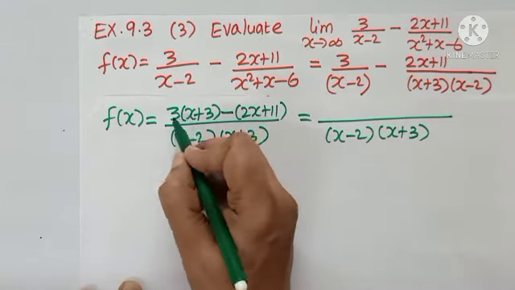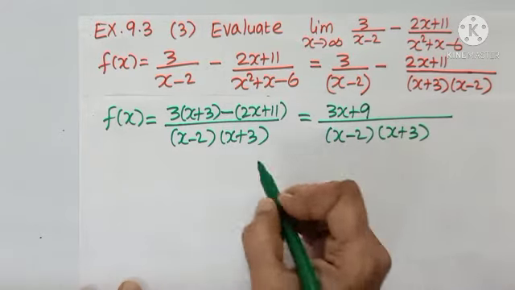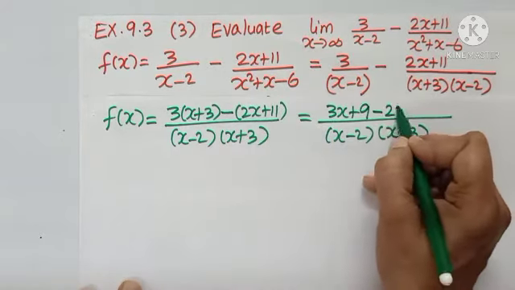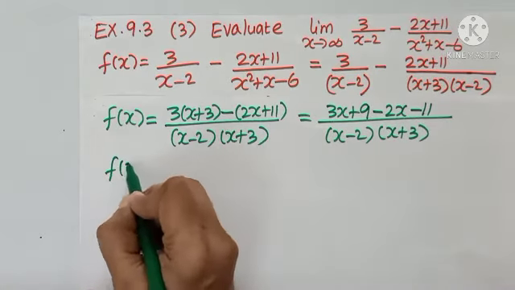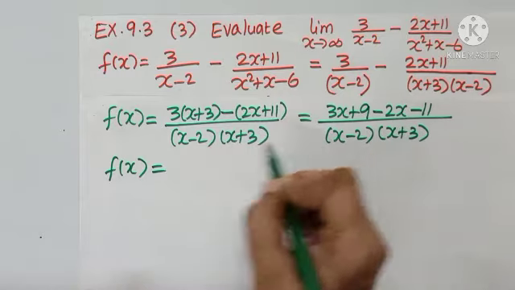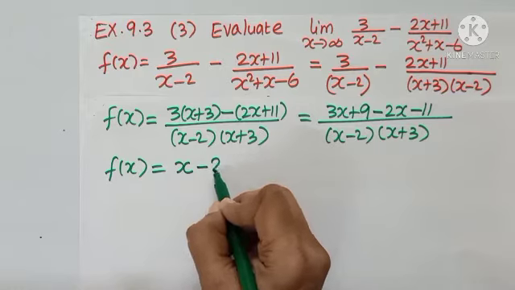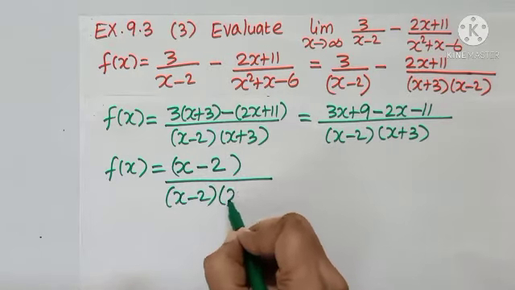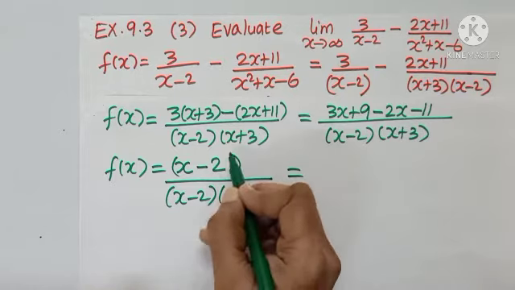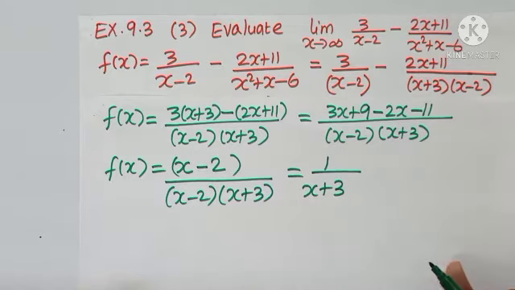The numerator: 3 into x is 3x, plus 3 threes are 9. Taking the minus symbol in, minus 2x minus 11. As we simplify, 3x minus 2x is x, and 9 minus 11 is minus 2. So the numerator is x minus 2 over the denominator x minus 2 into x plus 3. As we cancel, we get 1 by x plus 3.